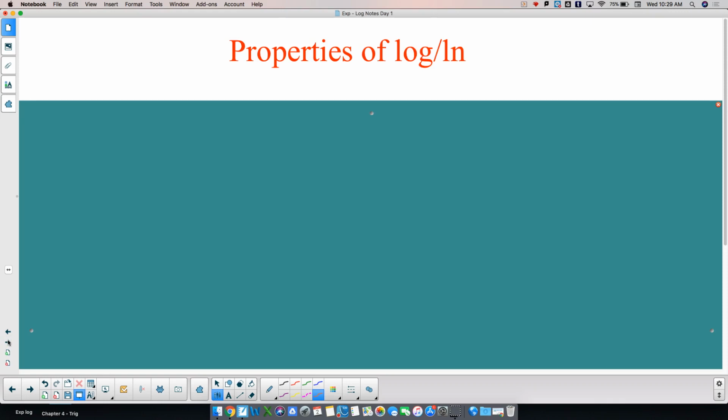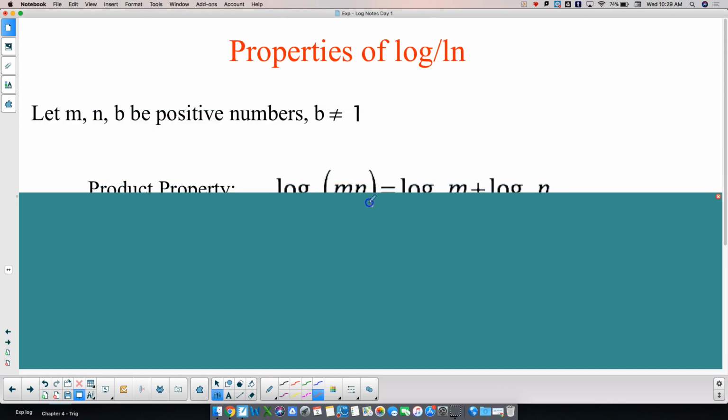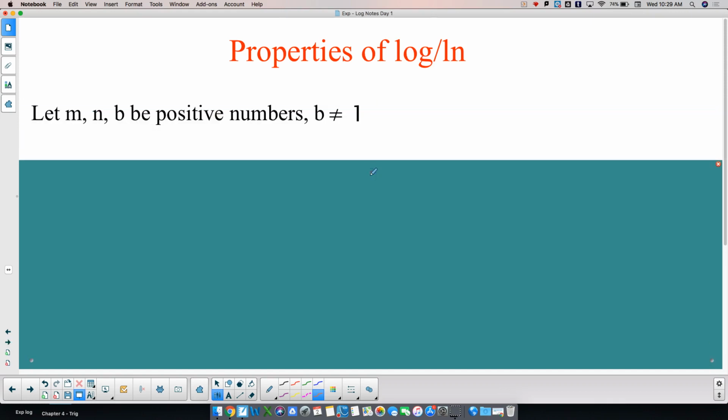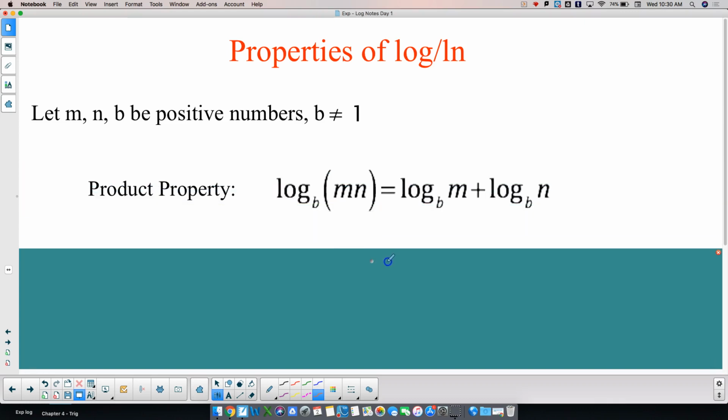The 3 properties of logs are going to be another crucial component tomorrow. There's 3 of them. First one is, again, I want b to be a positive number not equal to 1, and I want m and n to both be positive. That's going to be your hashtags now instead, because I need to make it be 2 of them instead of just 1. So, first one is the product property.